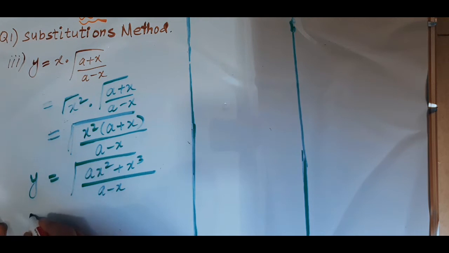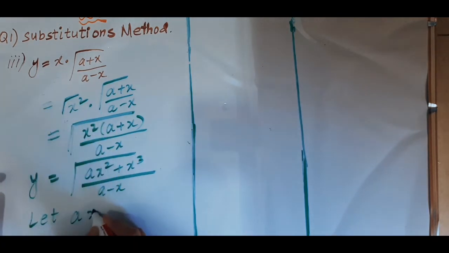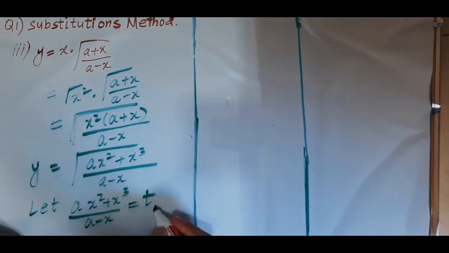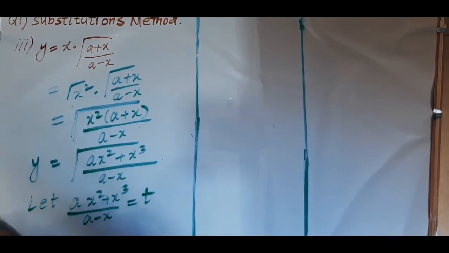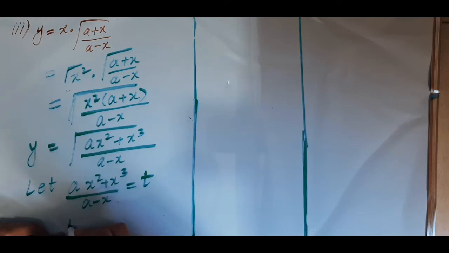So first of all, let the inner part in the root, x square into a plus x cube divided by a minus x, be equal to t. Now putting it in equation number 1, y is equal to root t.